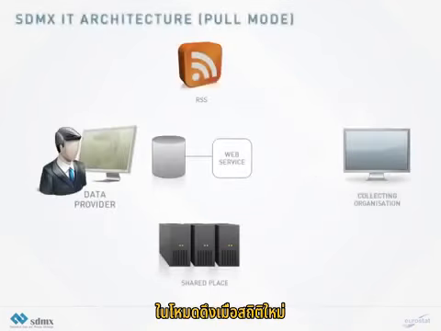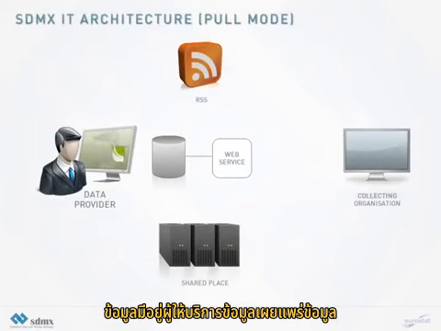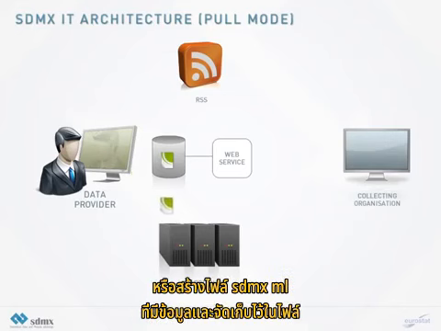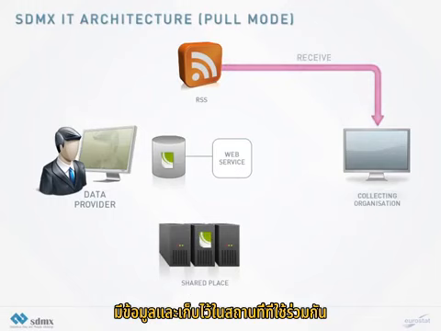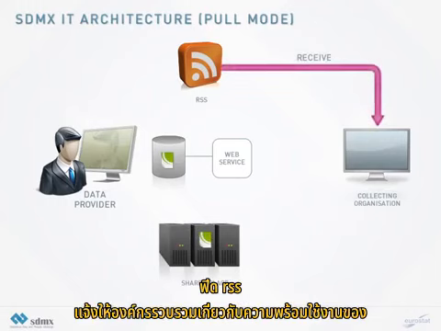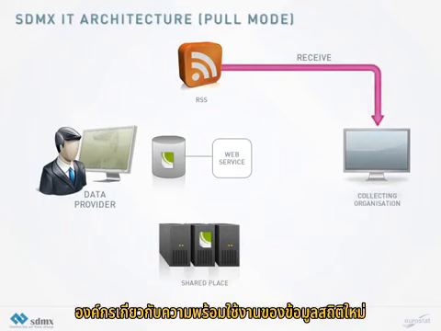In the pull mode, when new statistical data is available, the data provider disseminates the data through their database or produces an SDMX ML file containing the data and stores it in a shared place. An RSS feed informs the collecting organizations about the availability of the new statistical data.